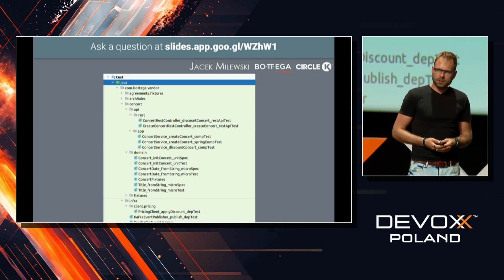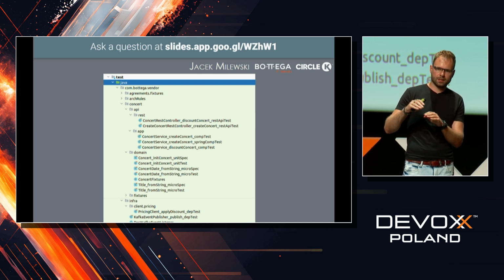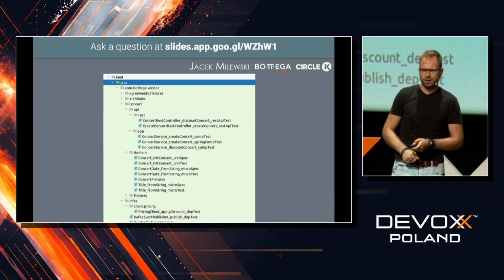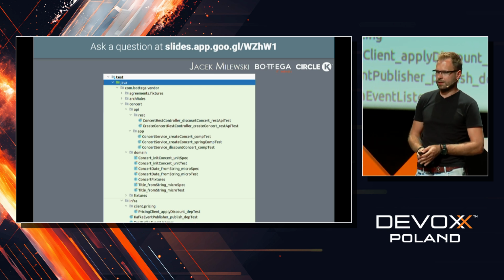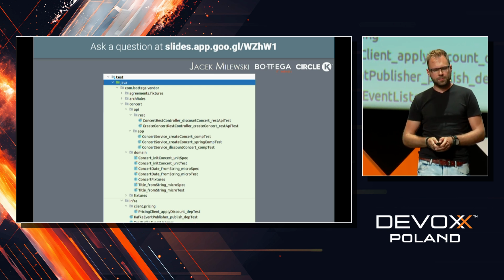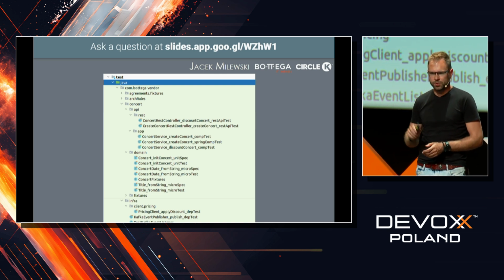And what do I achieve here? I have a single test directory, and I have the same package structure as I have in my production code base. The difference is the suffix. Like I'm saying that I'm testing the REST API, and it's in a package of API REST. I'm testing the component, I'm testing the component with Spring.